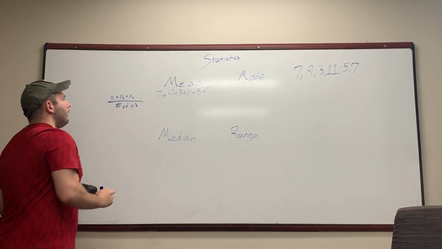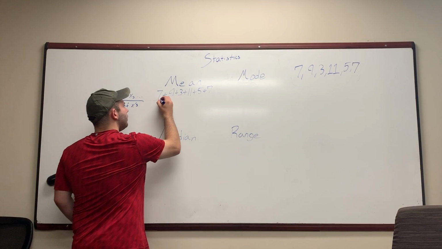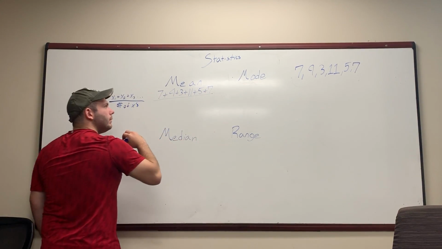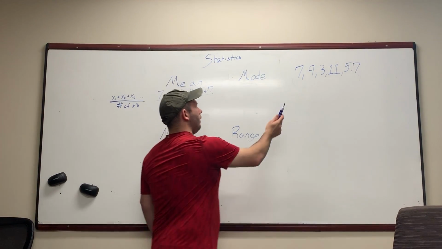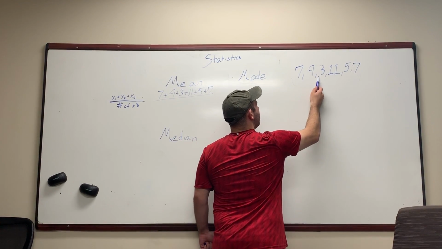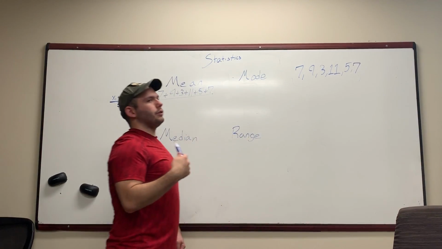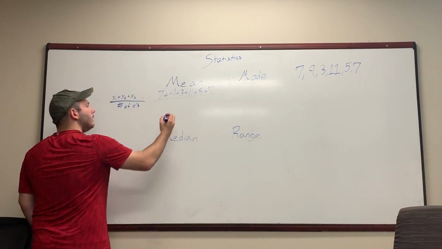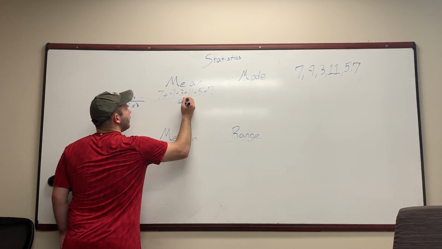Okay, so we're going to add all these numbers together and then divide them in fraction form by the number of numbers that there are. So here, there are 1, 2, 3, 4, 5, 6 individual data points. So this would be 6 down here.